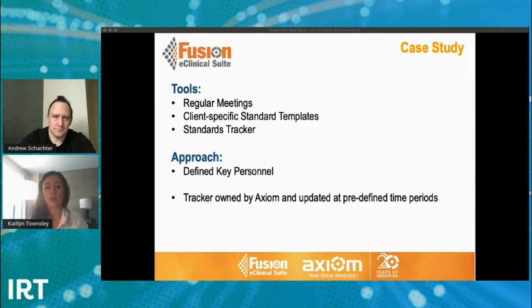In our case, we revisited the standards at the beginning of every study to make sure everything was aligning with the standards, and then also at the end to see if we had to make any mid-study changes that impact maybe our standards, maybe how we managed it for this project, relative to the standards. But making sure that there is a designated team responsible for that. So it was tracked by Axiom, and then the sponsor was overseeing, in this example, to ensure that that was happening as well.